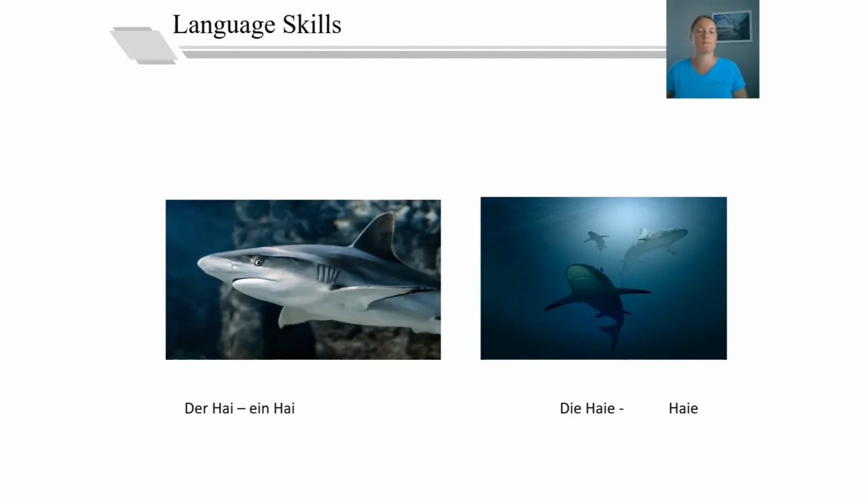What happened? Der Hai, the definite article turns to the indefinite article, der turns to ein. In singular, possible. But let's have a look at what happened when it comes to die Haie, the plural form.